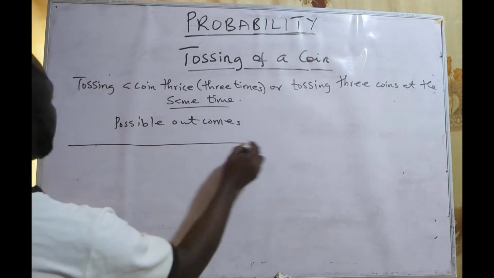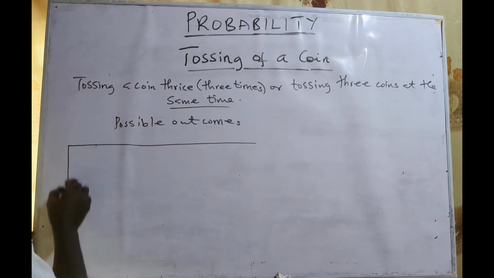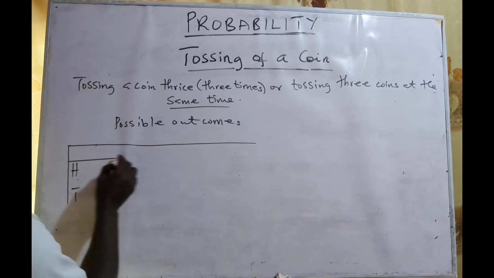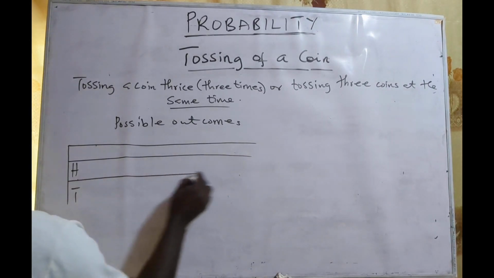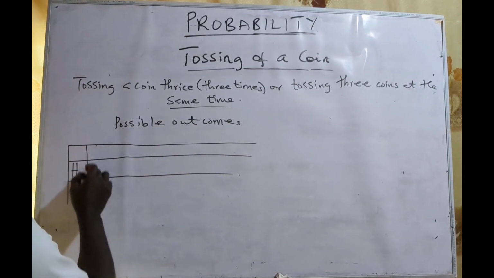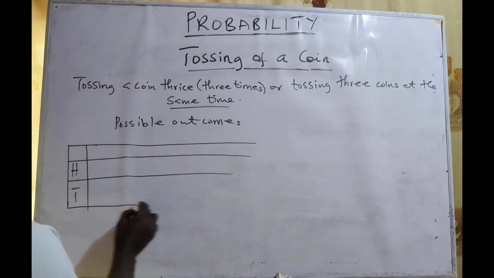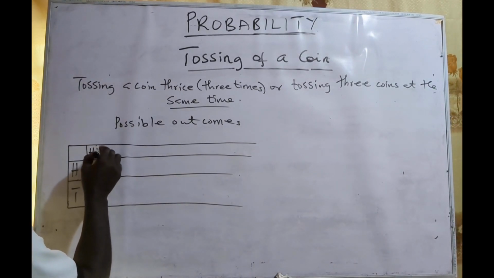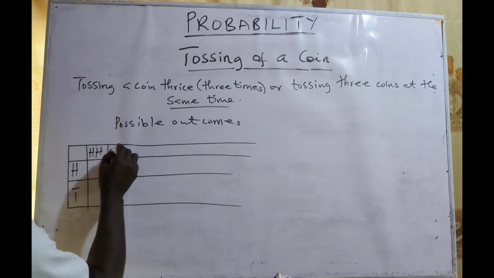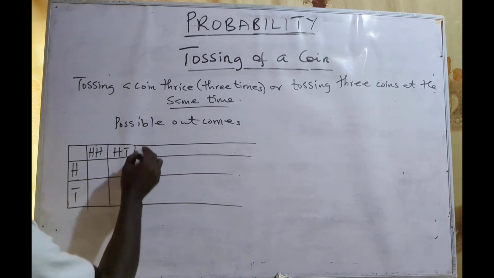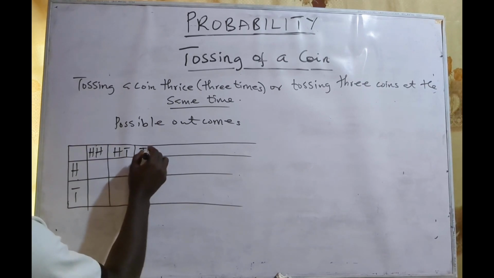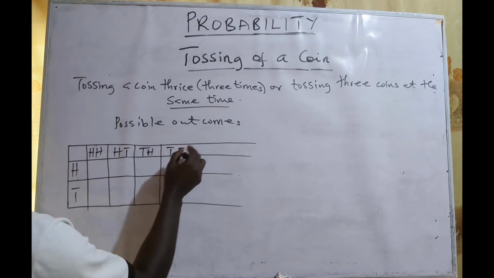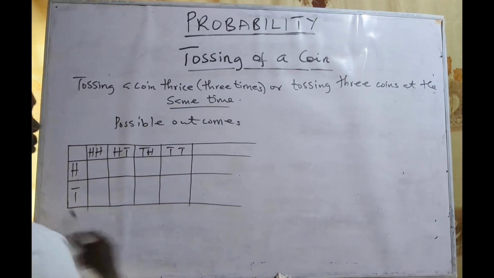So take here as the one: head and tail. So this is the one side, and then head, head tail, and then tail head, and then we have tail.